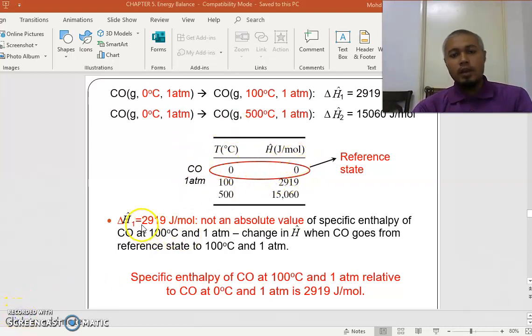Since we have used this reference state, we get delta H of 2919 joule per mole, where it is not an absolute value. The same goes for 500 degrees C, because we use the reference state at 0 degrees C. Okay, now we proceed to the next part.